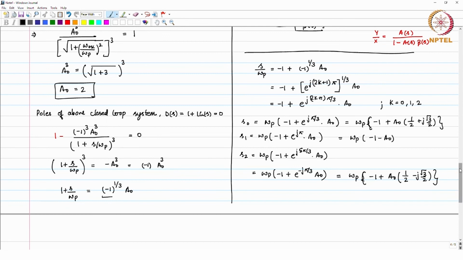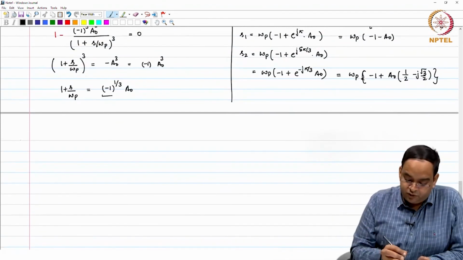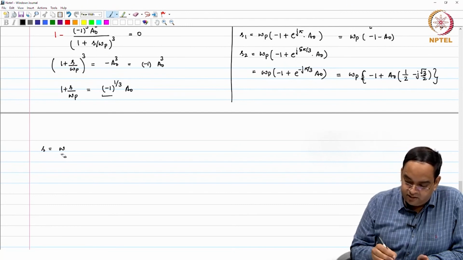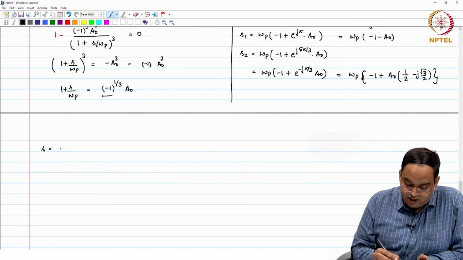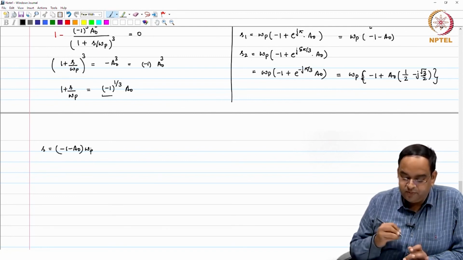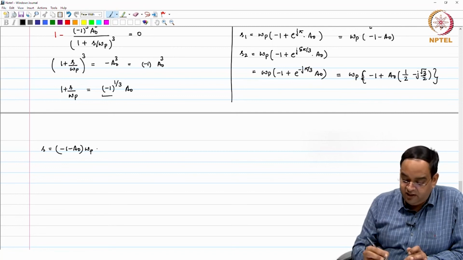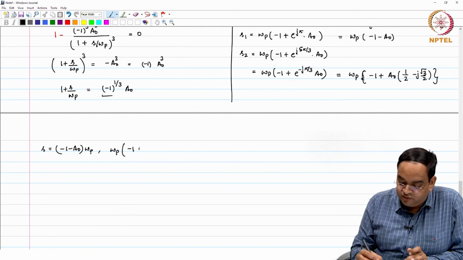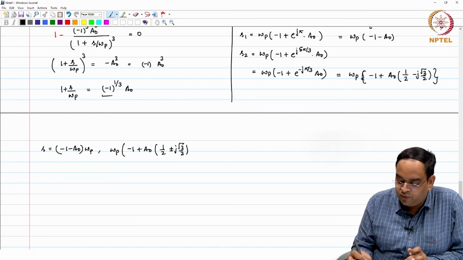So, the 3 poles which you are seeing in the closed loop are equal to ωp times minus 1 minus A0. So, this pole is going to be in the left half plane. The other poles are ωp into minus 1 plus A0 times half plus minus j√3/2.